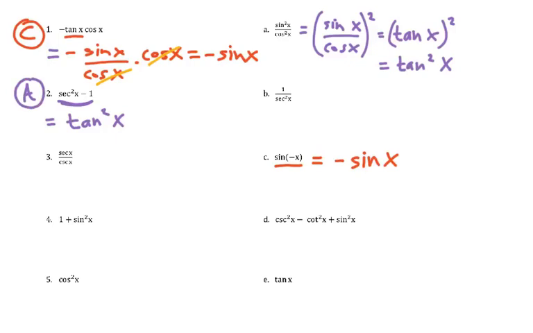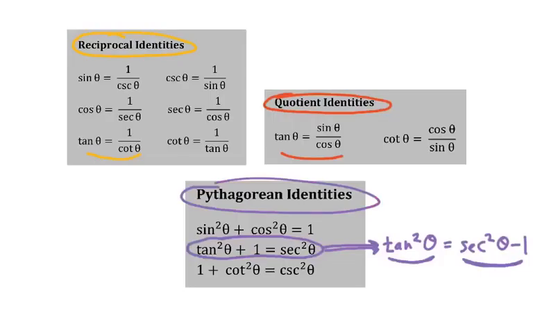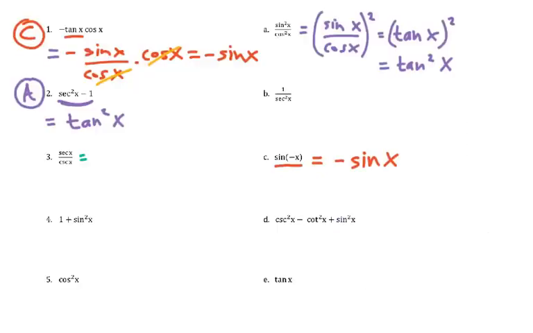The next one, we're given secant divided by cosecant. And for this one, I think we're going to appeal to our reciprocal identities. So I know that secant is the same as 1 over cosine, and cosecant is the same as 1 over sine. So again, I really have to have a working knowledge of these fundamental identities on this page for the process we're working through to even be possible.